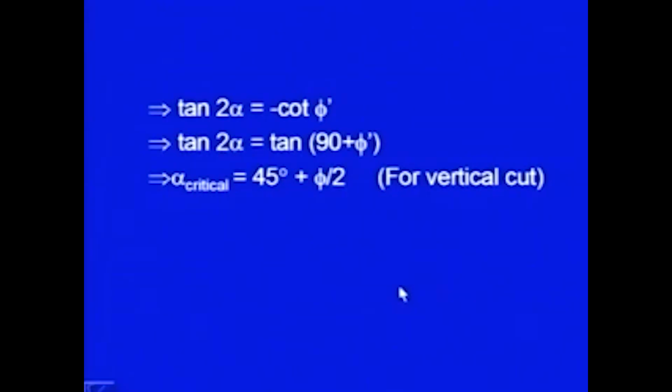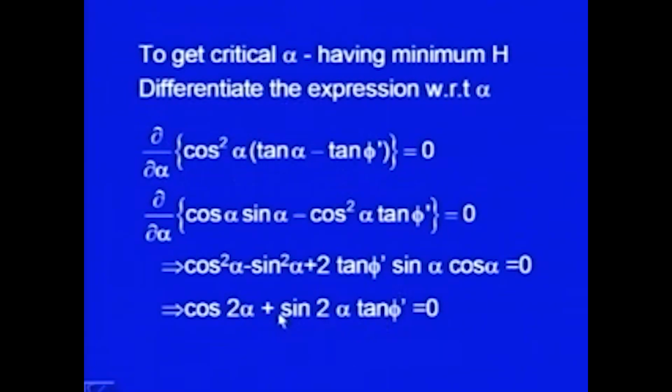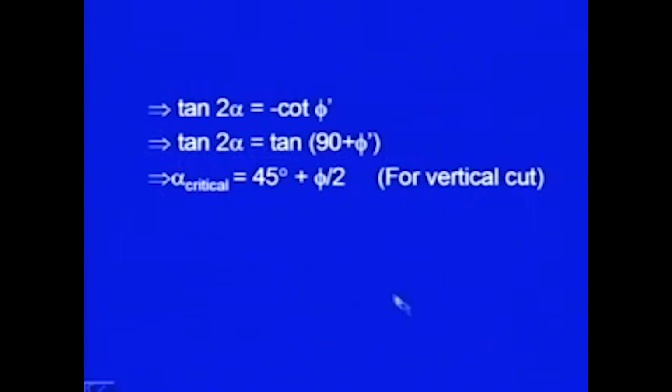And when I take this term on the right hand side and simplify it, I get tan of 2 alpha equal to minus cot of phi dash. Then I convert it into this form, tan of 90 plus phi dash. So, tan of 2 alpha is equal to tan of 90 plus phi dash.